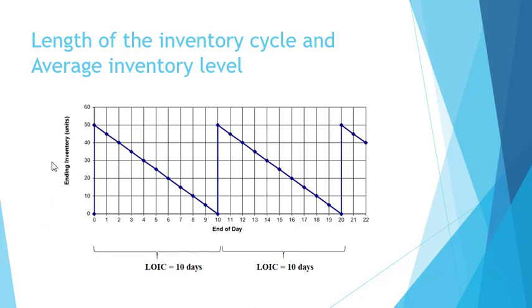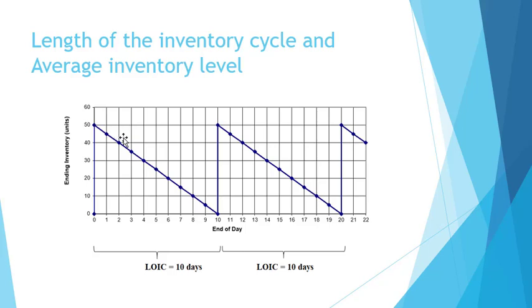We assume that the inventory starts at the highest level at 50 units because the order quantity is 50 units. And the store will sell 5 units per day. So at the end of day 1, the ending inventory will be 45 units.